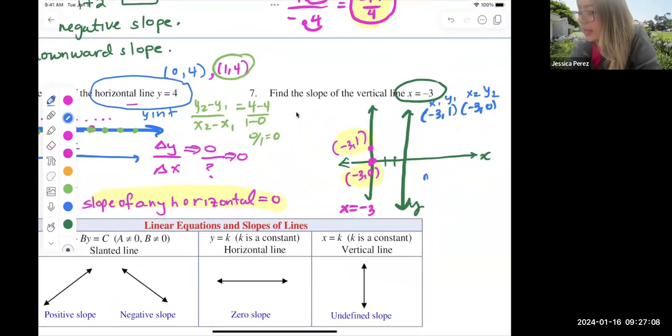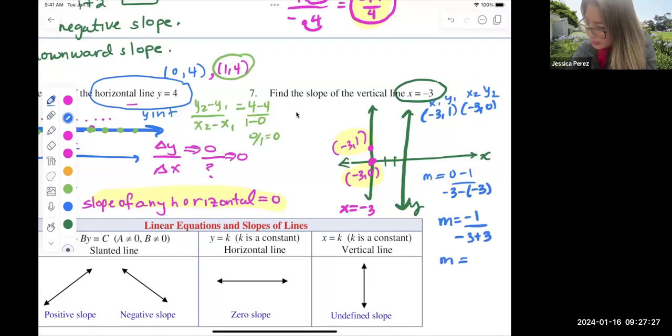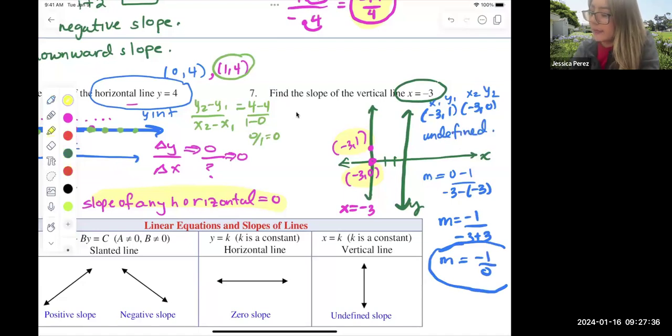I have m to be y2 minus y1, so 0 minus 1, over x2 minus x1, -3 minus a -3 on the bottom by the formula. So then m is -1 over -3 plus 3. So what do I notice about -1 over 0? This is an undefined slope, undefined because I have a 0 in the denominator.